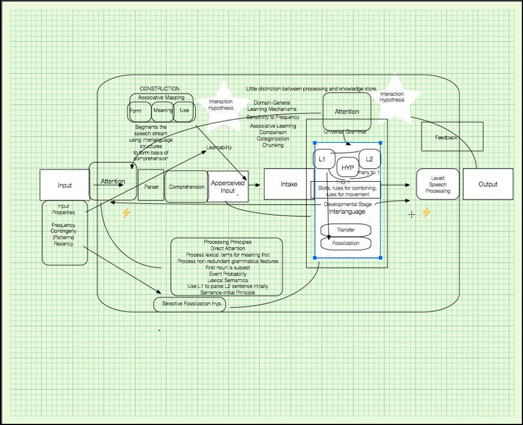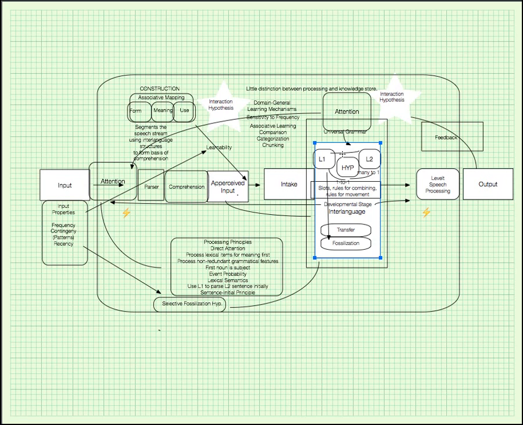Also, the ideas that circulate in complexity theory seem to work well with usage-based theories. You could even consider complexity theory as a subset, if you will, of, or coming under the umbrella of usage-based theories. Okay? But it really accentuates or focuses on the actual dynamics of how usage-based theories take place. That is to say that it looks at interactions between structures.